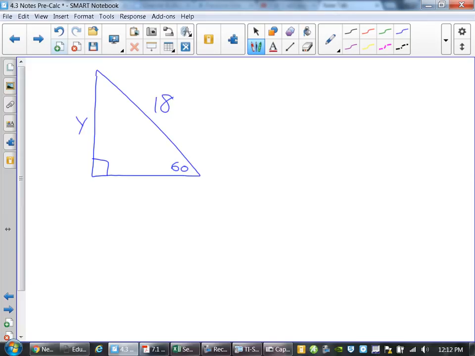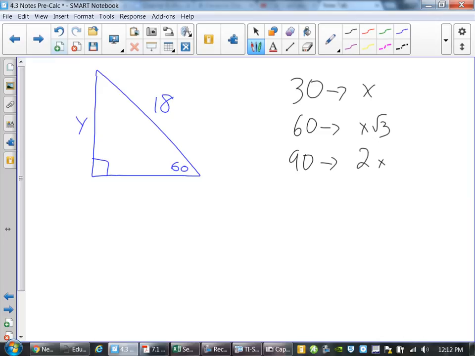Now, the way that I've always done this is that I've always set it up kind of like a long form. And you had in Algebra 2 or geometry going way back, you remember we did stuff like this. Across from the 30 was the 1. We called it x. Here was x times the square root of 3, and here was 2x. 2 times something, 1 times something, whatever. There's some scale going on. In that triangle, which one of those sides do we know?